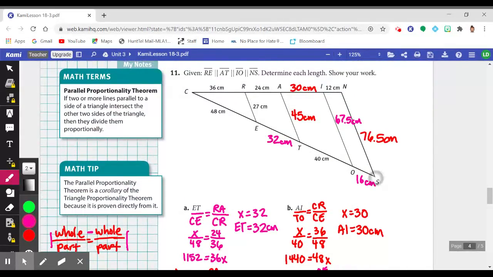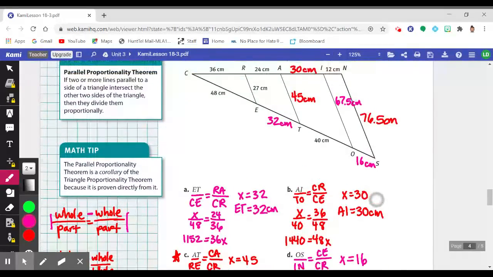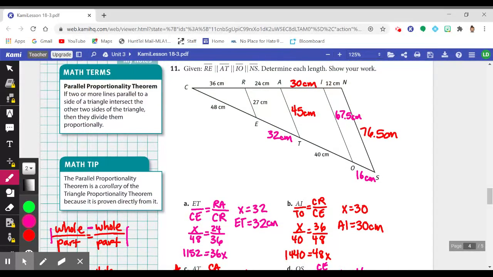So if I compared NS to IO, now I need to go back to the triangle that NS is on and pick a whole side of that triangle. I imagine I chose CN, but let me just make sure I did. So I did NS, compared it to IO, and then chose CN, so I need to compare that to CI.